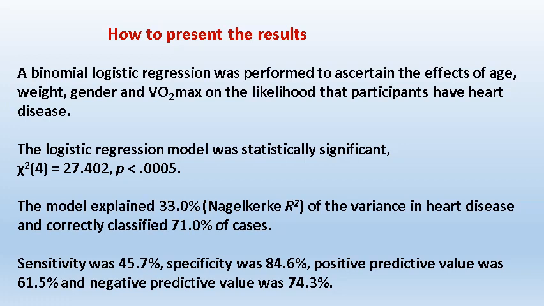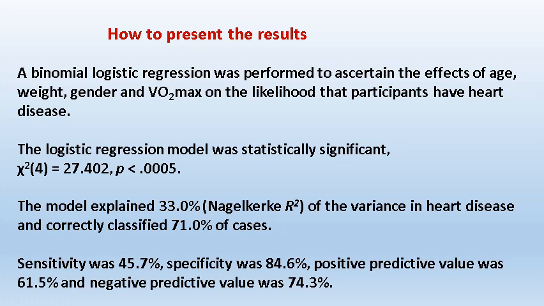The logistic regression model was statistically significant. What does it mean? Chi-square value was 27.402 for a degree of freedom of 4 and a p-value was 0.0005, less than 0.05. So the model was statistically significant.